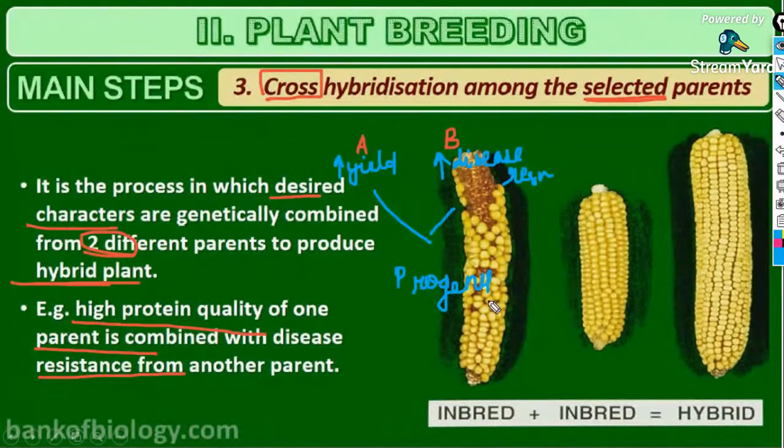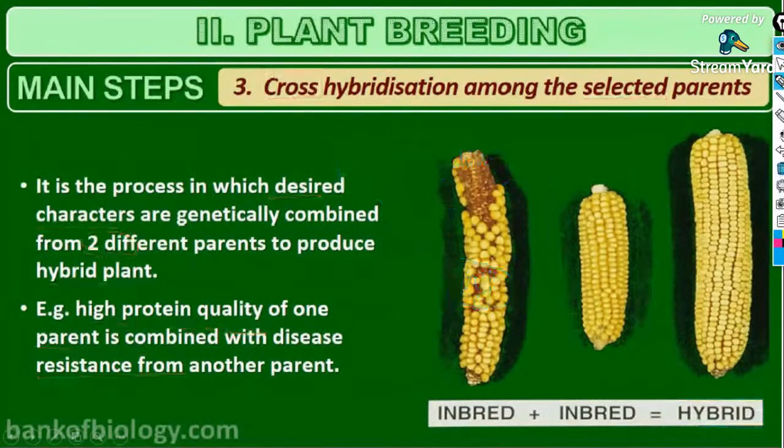That progeny will have both the characters, that is, it will have high yield and high disease resistance also. This progeny obtained from breeding between two parents is known as the hybrid variety or the hybrid plant. Clear?